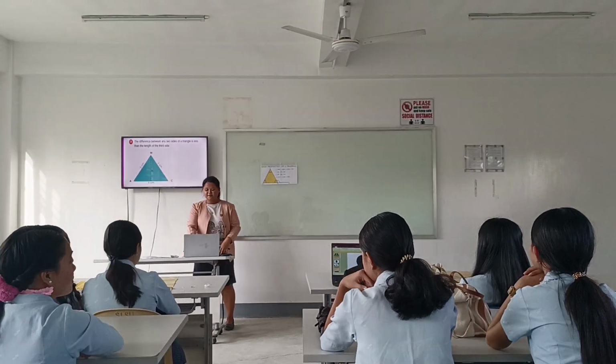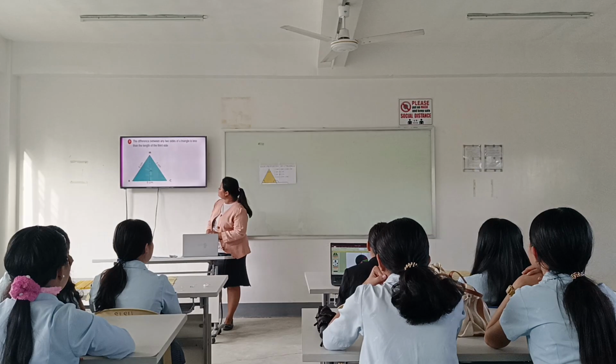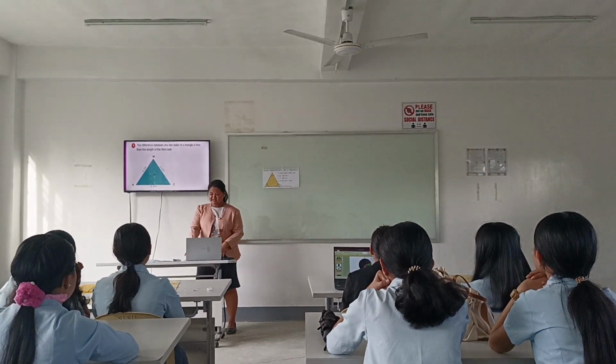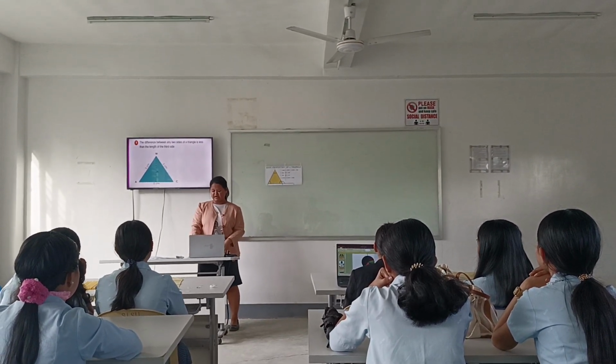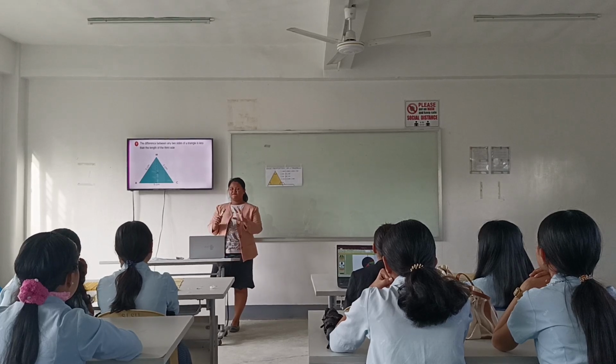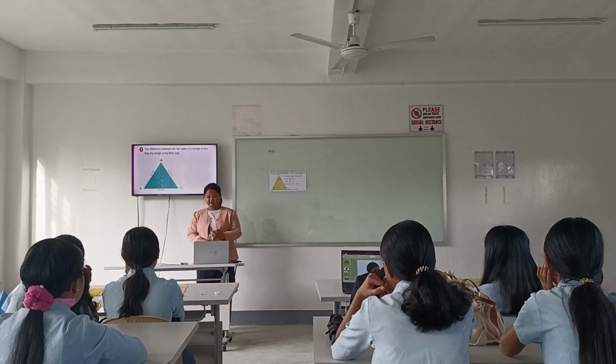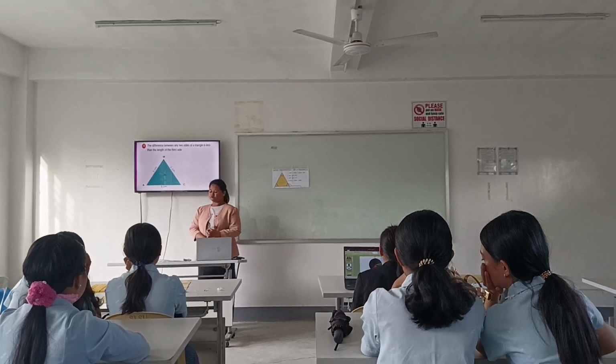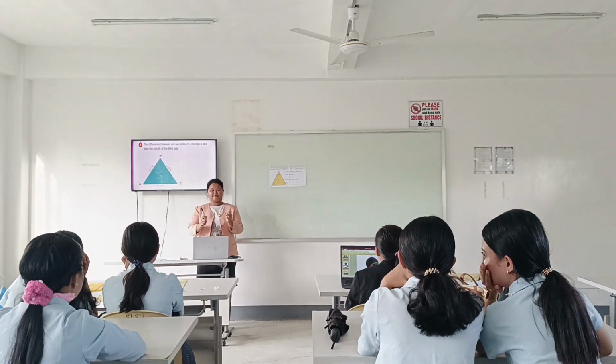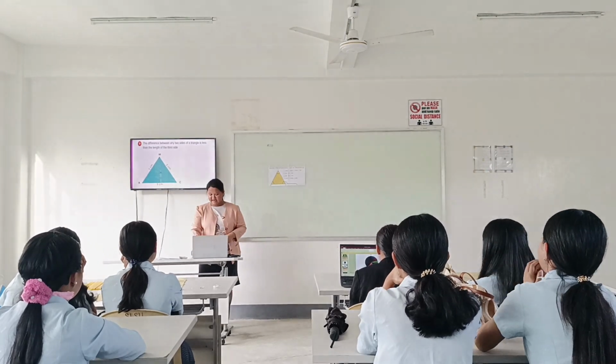Okay, the third basic property: the difference between any two sides of a triangle is less than the length of the third side. If we subtract the measures of two of its sides, it will be less than the measure of its third side.